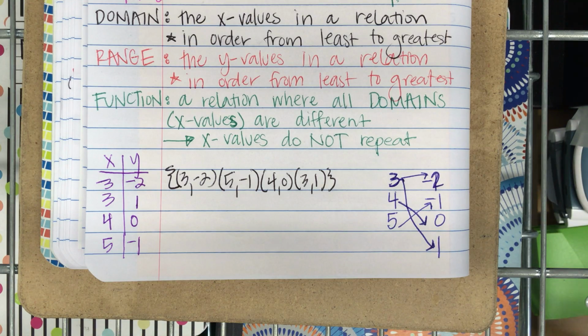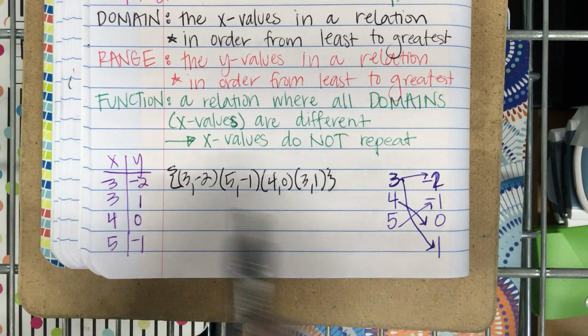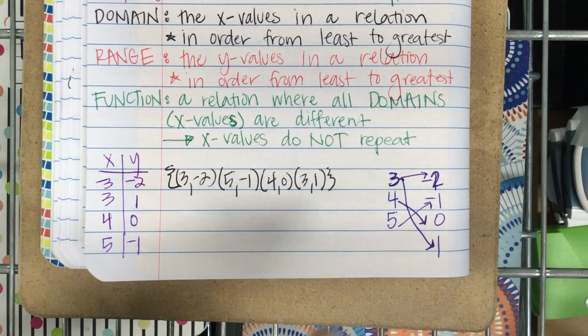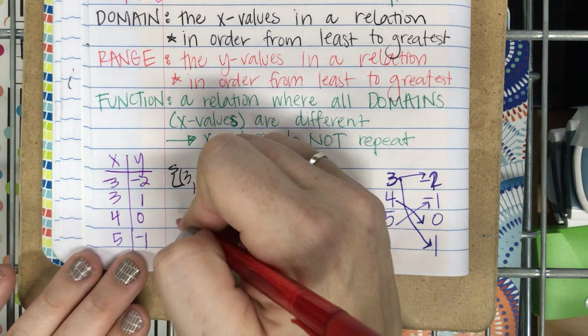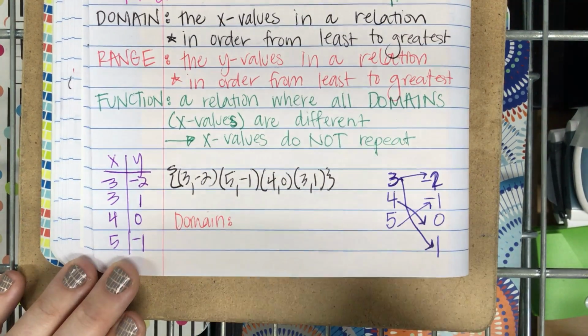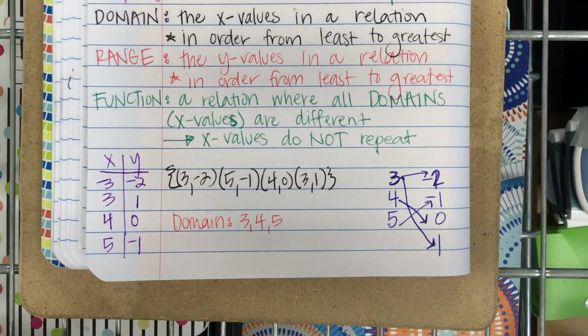All right, so we have a set of ordered pairs. We have a table version. We're not going to make the graph just because. We have a mapping diagram. What are the domains? 3, 4, and 5. Good.